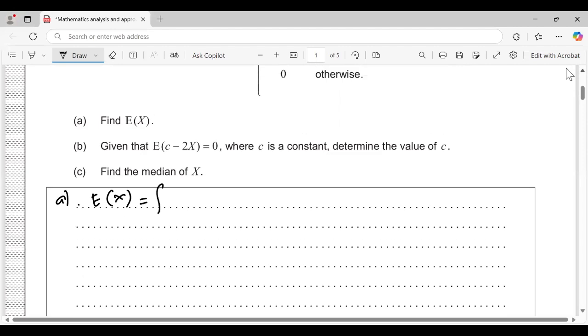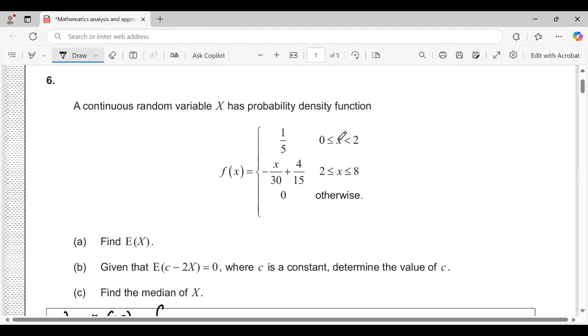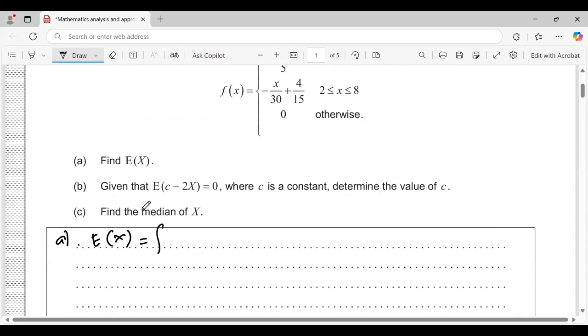First integral from 0 to 2, the function is 1 over 5, so x times 1/5 dx, plus the second integral from 2 to 8 of x times the second function, 34 over 15 minus x over 15, dx.